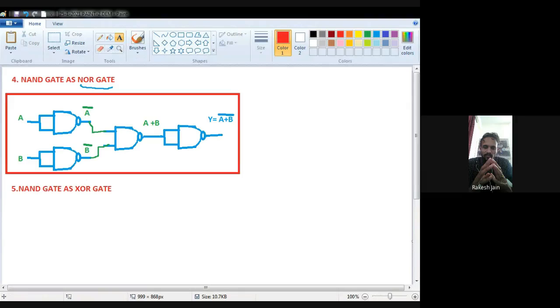First of all, take a NAND gate in which 2 inputs are there, one is A, one is B. These inputs A and B are also connected with one input of 2 other NAND gates. The A is also connected with the second NAND gate, the B is also connected with the third NAND gate. That is connected with the output of the first NAND gate. Okay, see very carefully and find out the proof.